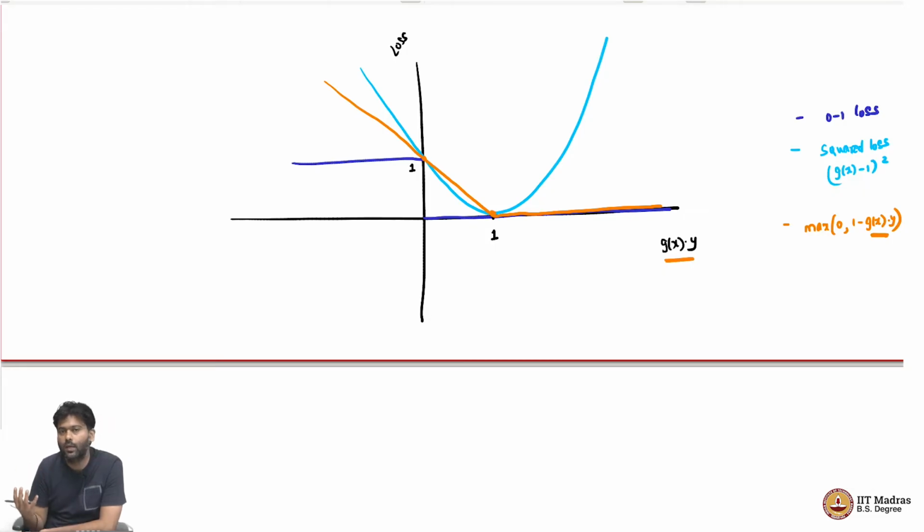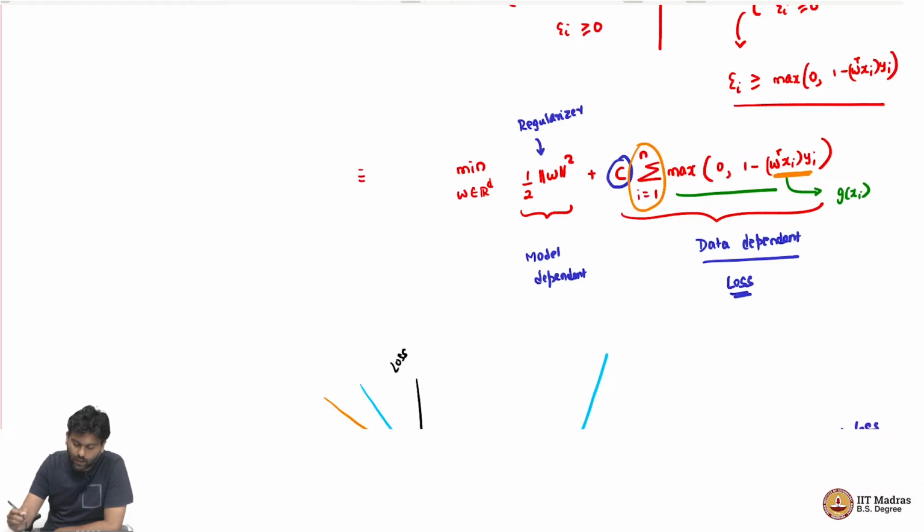So that is why this performs much better than just using a regression problem to solve classification. This loss has a name in literature: it is called the Hinge loss. Basically, now you can view your SVM problem itself as solving a hinge loss.